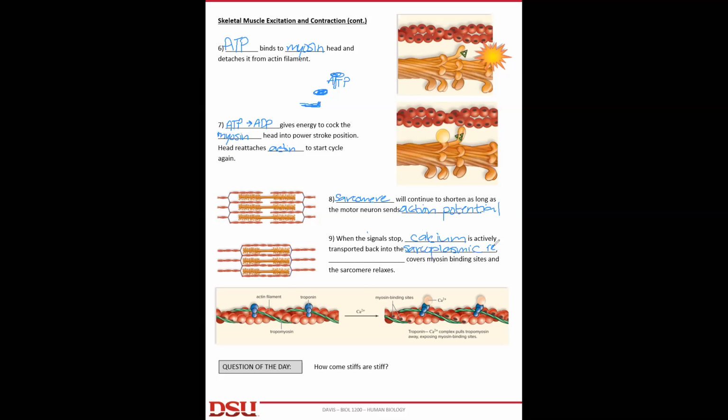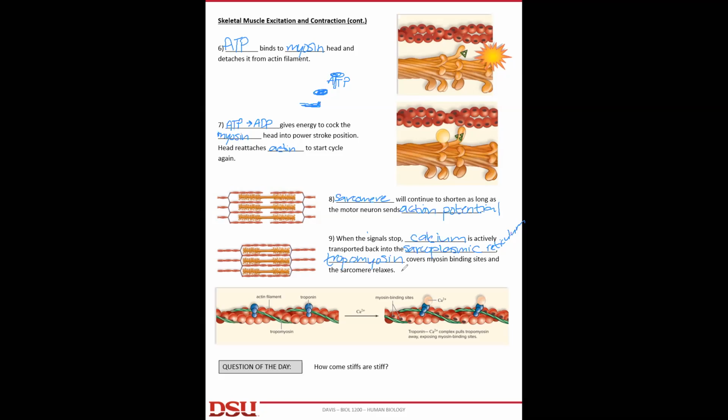And at this point, our gate is going to be slid back into place. So our tropomyosin is going to cover up those myosin binding sites again, which will allow the sarcomere to completely relax.